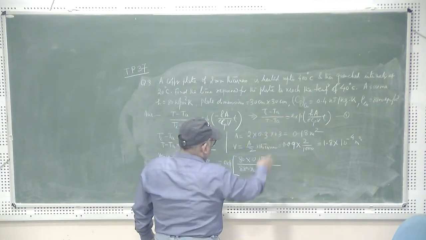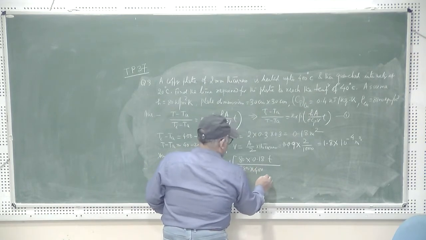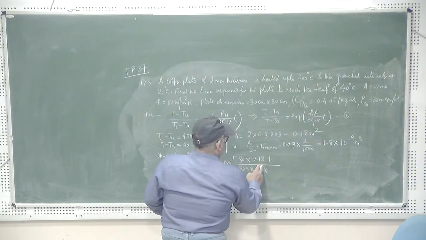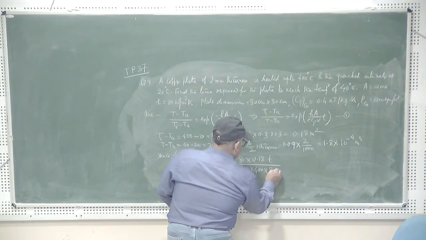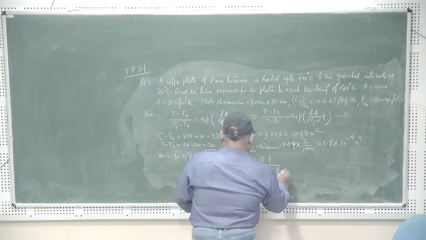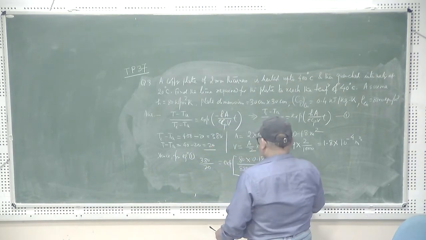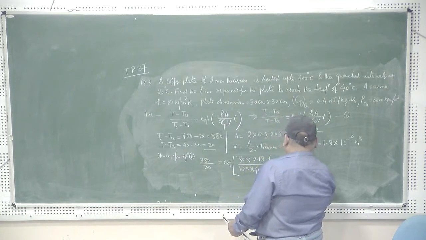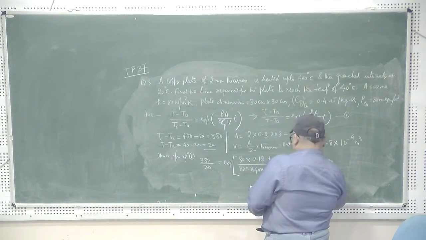So that needs to be multiplied by 1000, so it will come as 400, into the volume 1.8 into 10 raised to the power minus 4. When you solve this quantity, it will arrive at 0.0227 t.